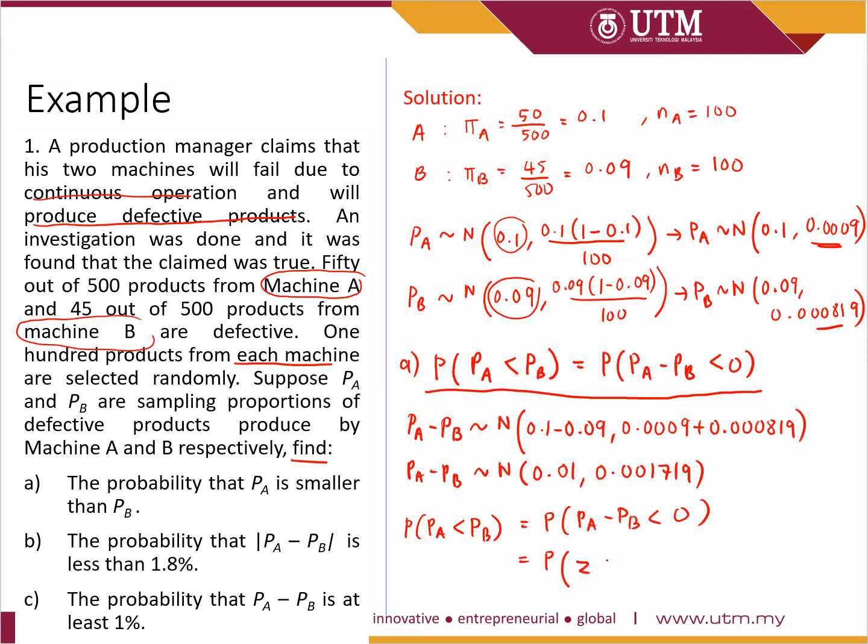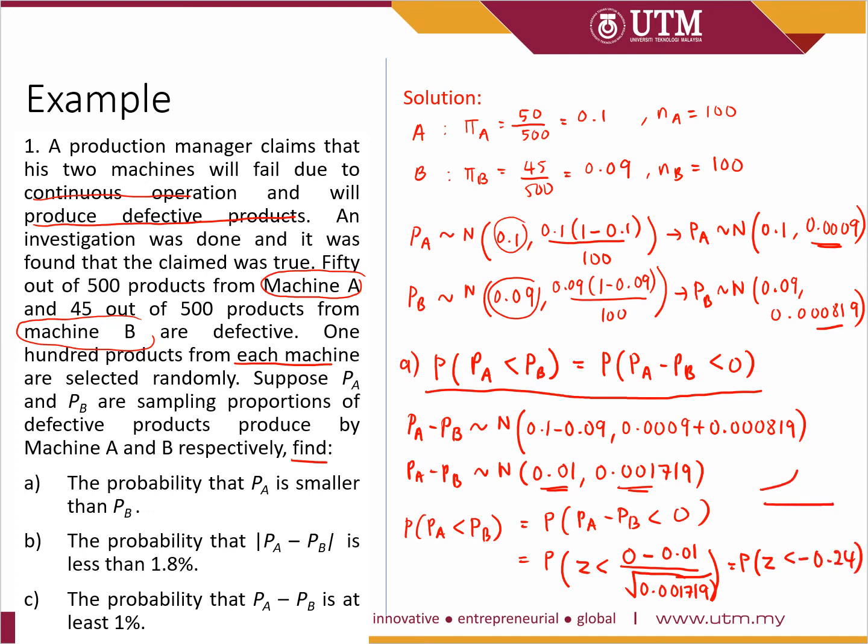Z less than 0 minus the mean of the difference of proportion, divided by the square root of variance, which equals the probability of Z less than negative 0.24.